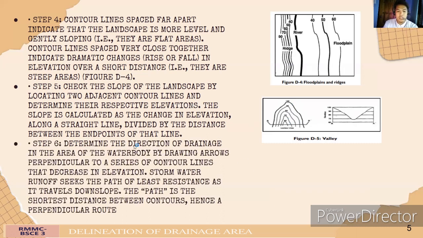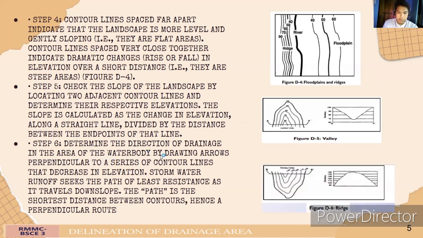Next, determine the direction of drainage in the area of the water body by drawing arrows perpendicular to a series of contour lines that decrease in elevation. Stormwater runoff seeks the path of least resistance as it travels downslope. The path is the shortest distance between contours, hence a perpendicular road.